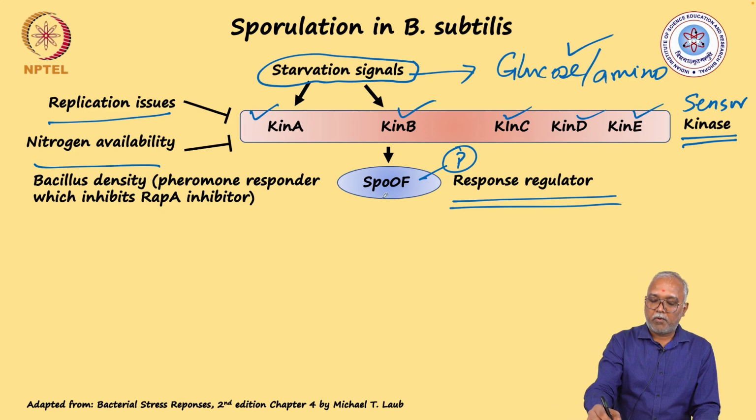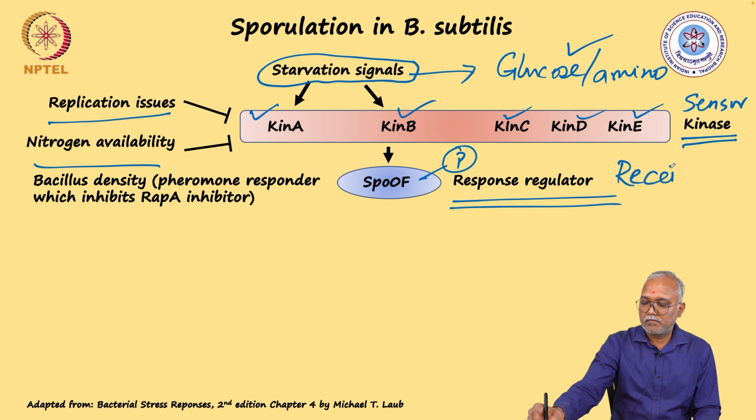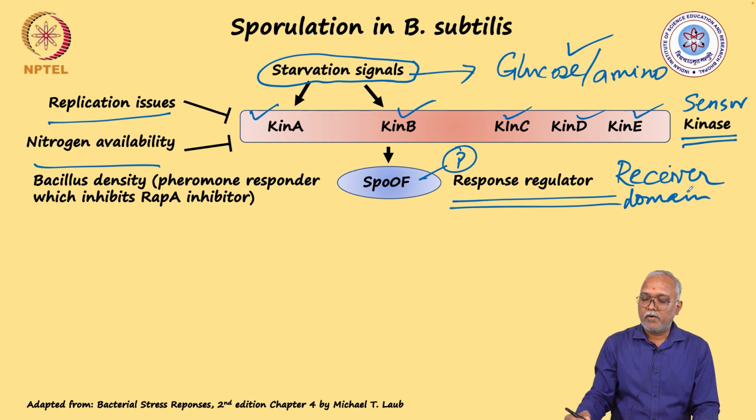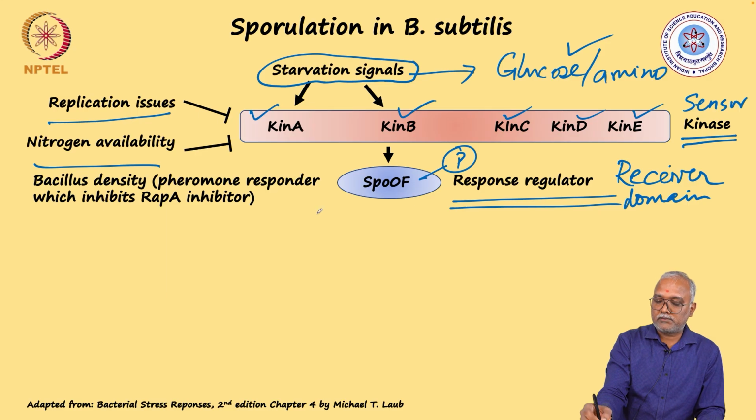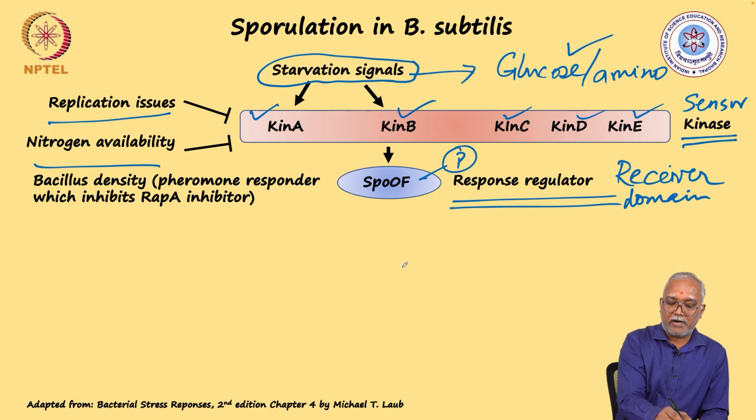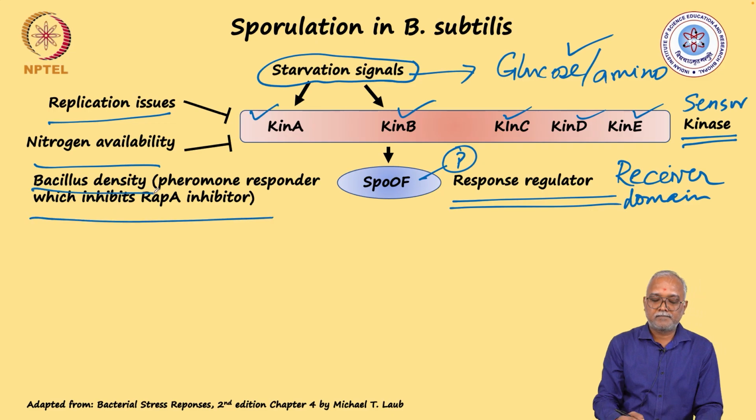So this Spo0F is the response regulator in the sense that it has the receiver domain, and that receiver domain will utilize this phosphate on its aspartate residue. Normally this response regulator, which takes the signaling forward, is inhibited by identifying the cell density.